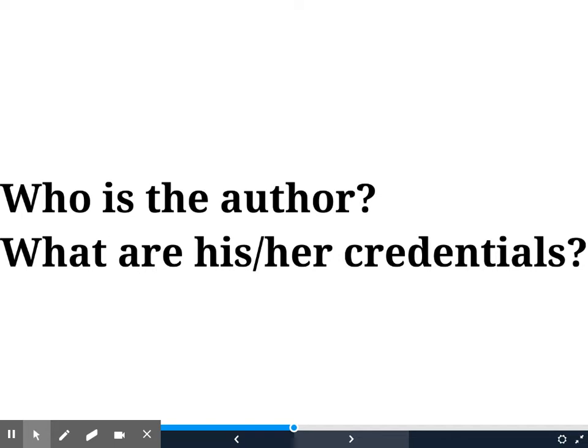So make sure you're looking at their credentials. What do they have experience and education in? Sometimes the author is an organization. Make sure you're getting your information from reliable organizations. If you've never heard of the organization, make sure you look them up.